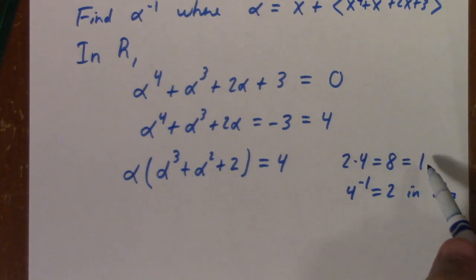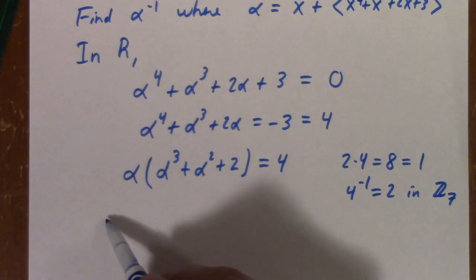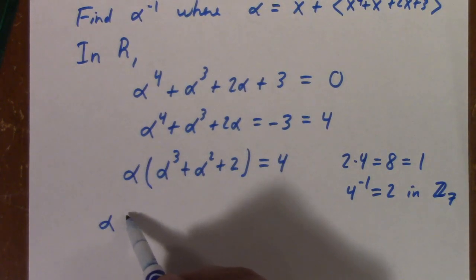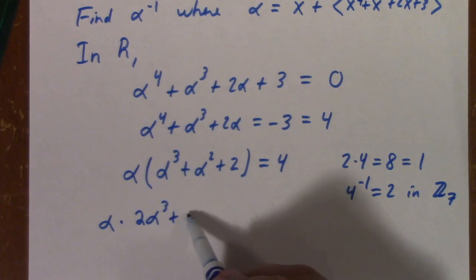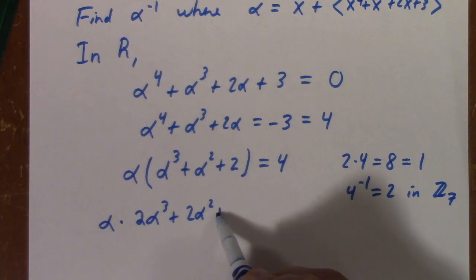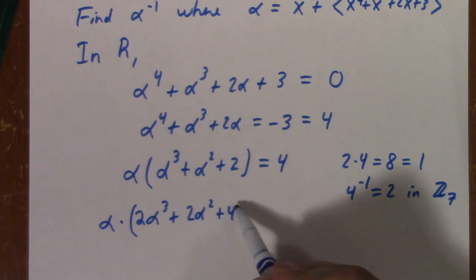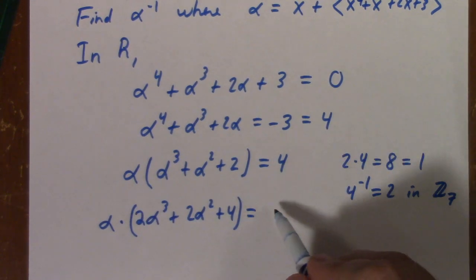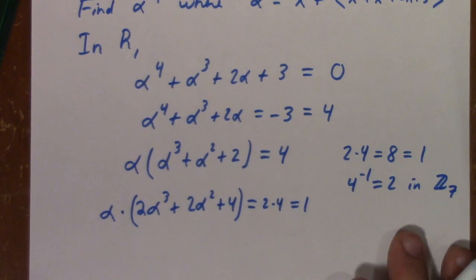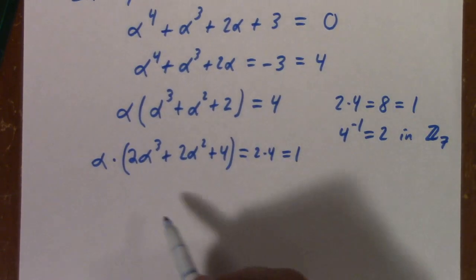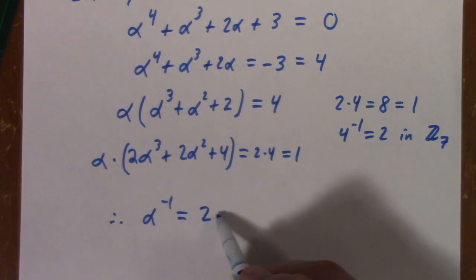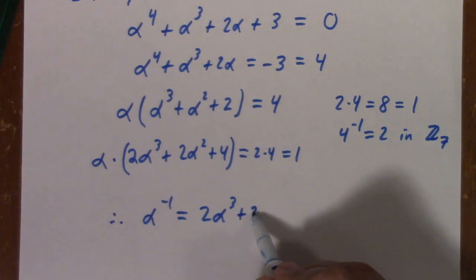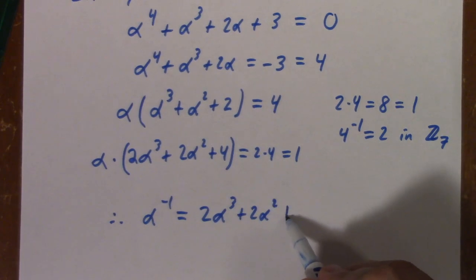So if I multiply this equation by 2, I get alpha times 2 alpha cubed plus 2 alpha squared plus 4 is equal to 2 times 4, which is equal to 1. And we're done. Therefore, alpha inverse is apparently just 2 alpha cubed plus 2 alpha squared plus 4.